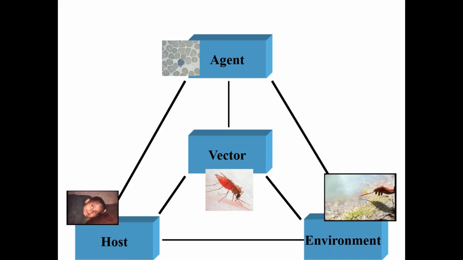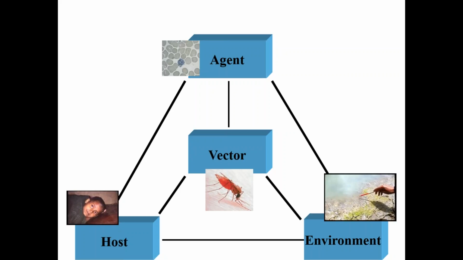So here's the agent and the host and the environment. How did they solve this problem? Did they get rid of the vector, the mosquito? No. Did they get rid of the host? No, that's us. Did they get rid of the bacteria? No, that's impossible. But they drained the swamp, so to speak. They did eradicate the vector too, not completely, of course.